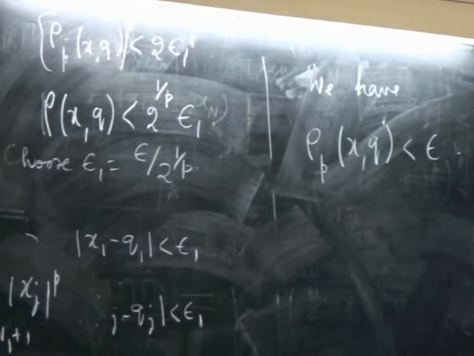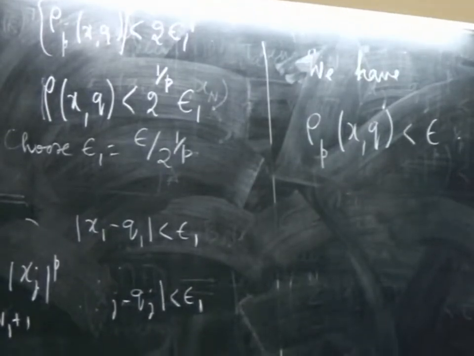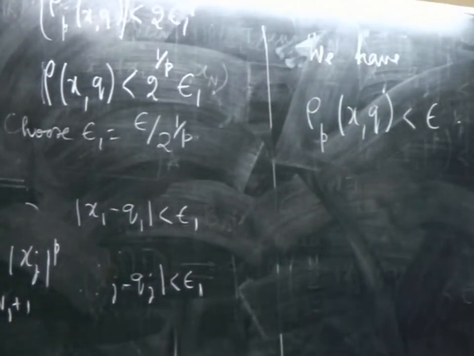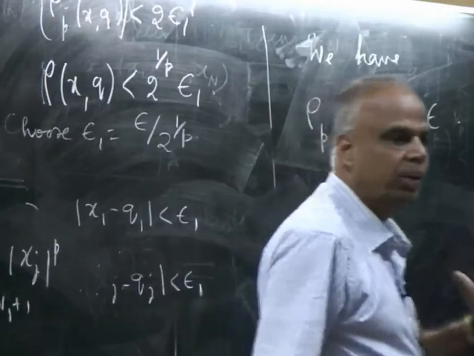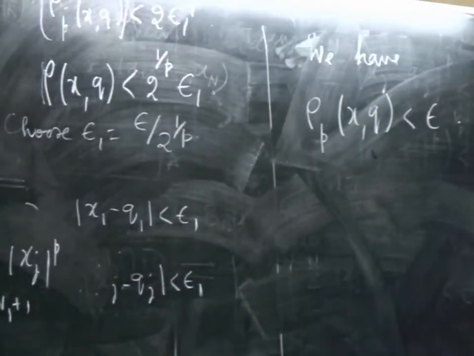Right, what have we done so far? Given any element x of that l^p space and given any positive epsilon, I am able to cook up a very peculiar element which approximates x within epsilon. What is that peculiar element? It has all but a finite number of components as 0, and these non-zero components are all rational numbers.